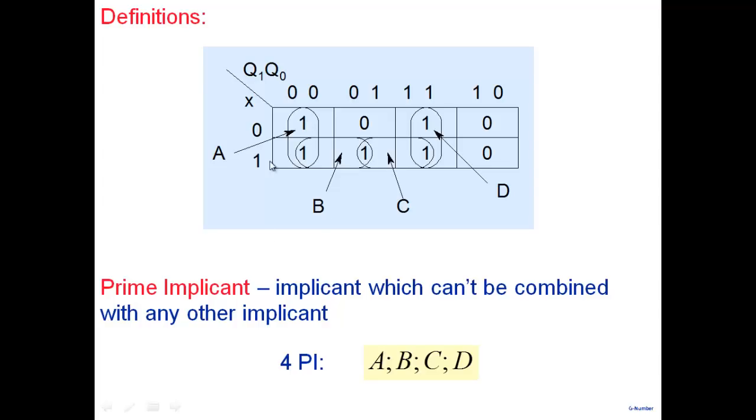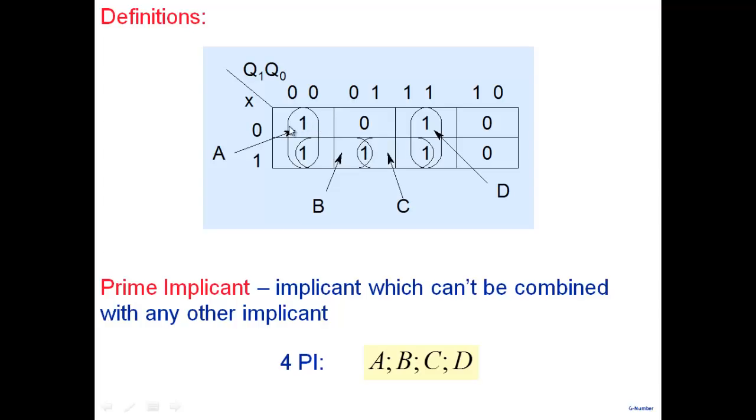And we call such a prime implicant, obviously, an essential prime implicant. I have to keep it in my eventual solution, because if I don't, then I'm not covering this particular term here. So a prime implicant which covers a term which no other prime implicant covers is called an essential prime implicant.